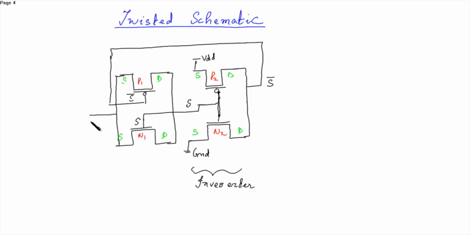Here you'll apply the input in from the source, and from here you get the output as out. So this is a twisted schematic diagram of a transmission gate. Now let's see the layout from the twisted schematic.